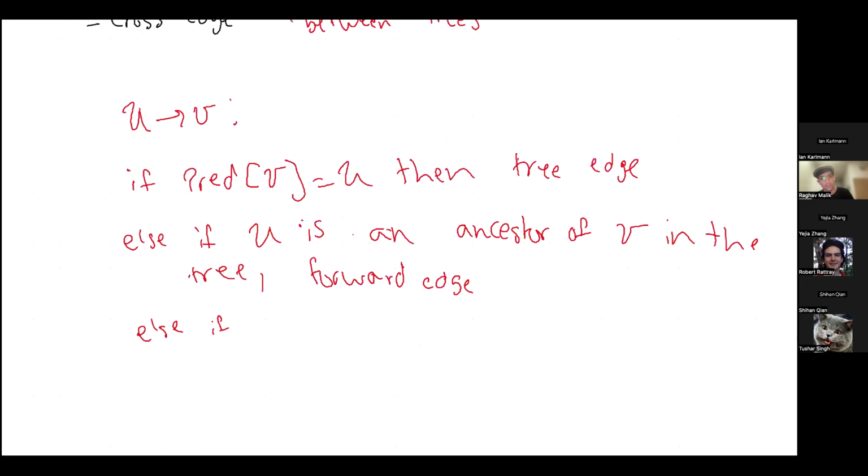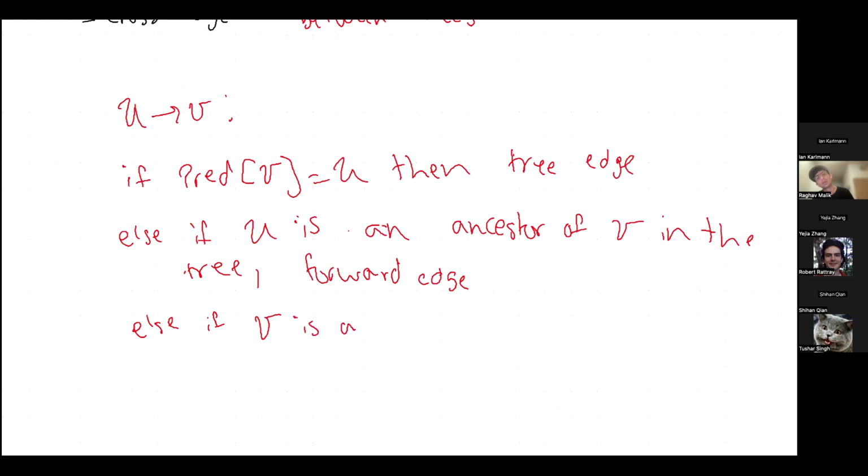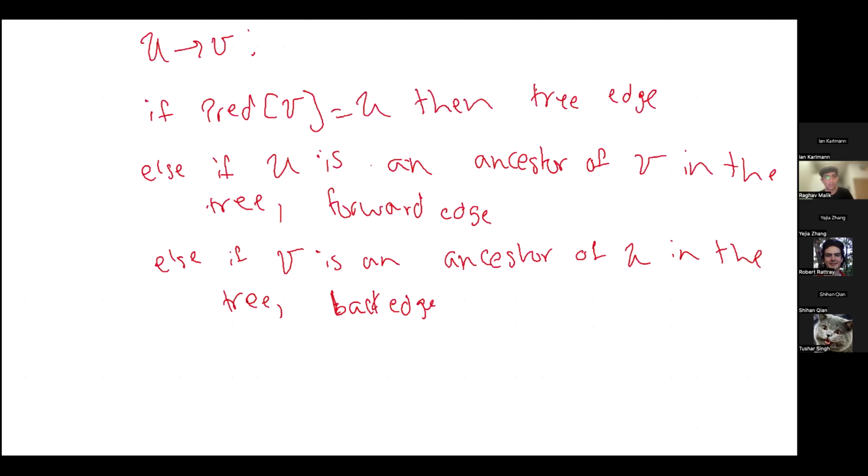Else, if V is an ancestor of U in the tree, it's a back edge. Otherwise, it's a cross edge, right?